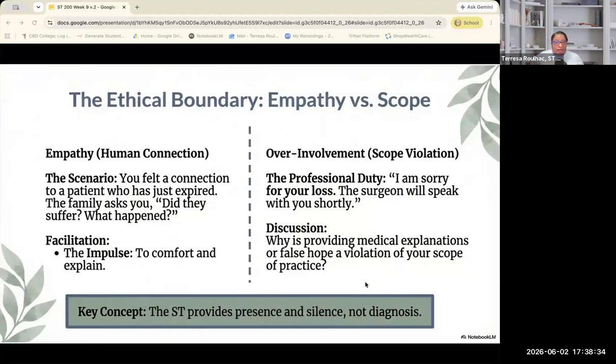And then there's that liability, unfortunately. Even accurate information delivered outside of scope can create harm. As CSTs, we provide presence and silence. Sometimes the most professional thing that we can do is say very little.